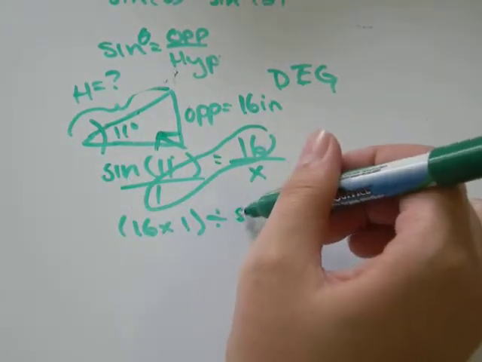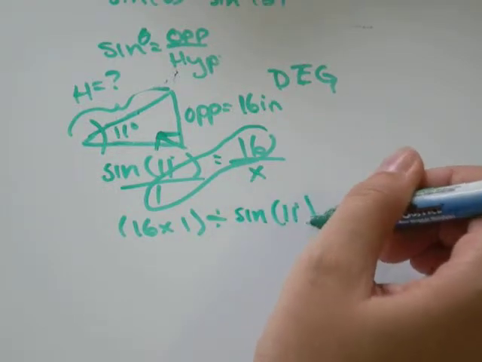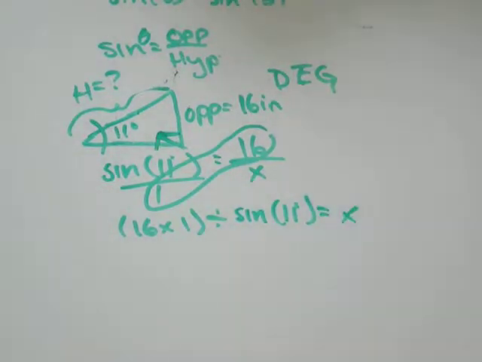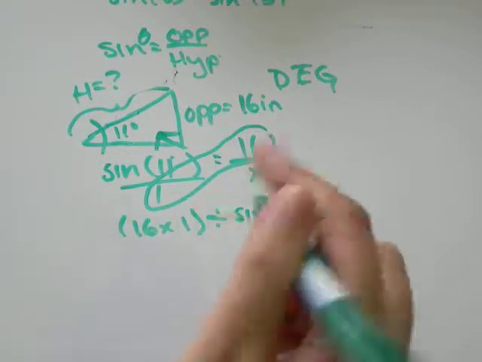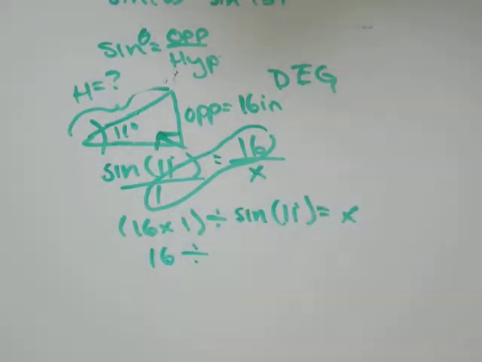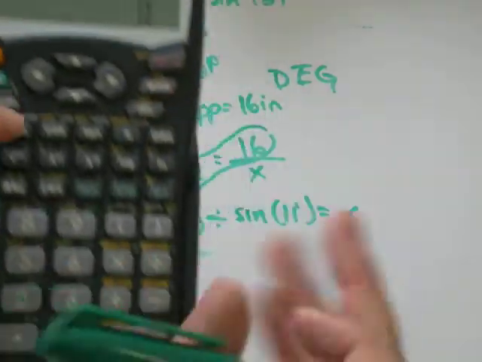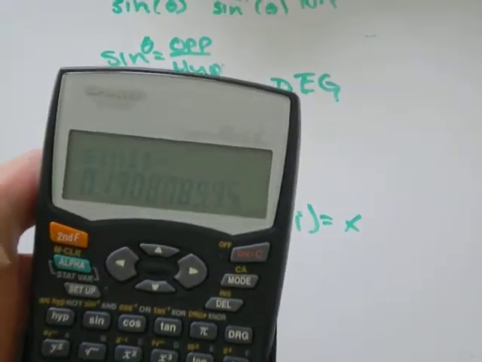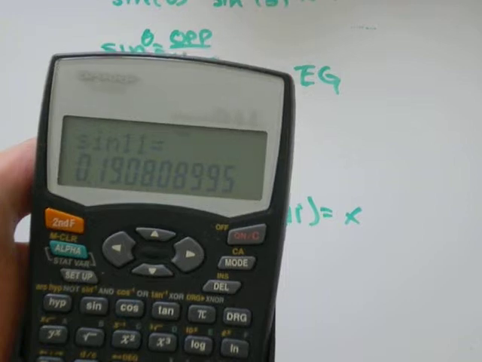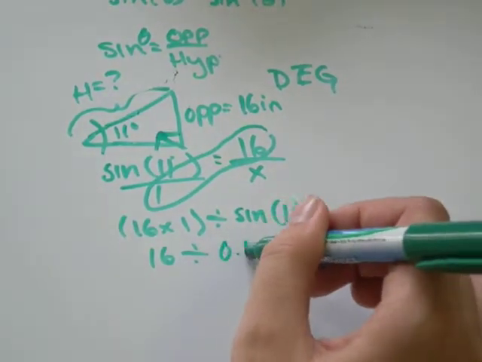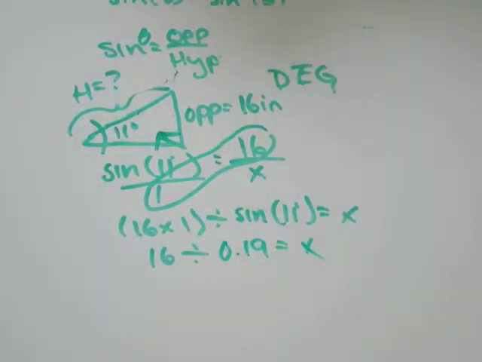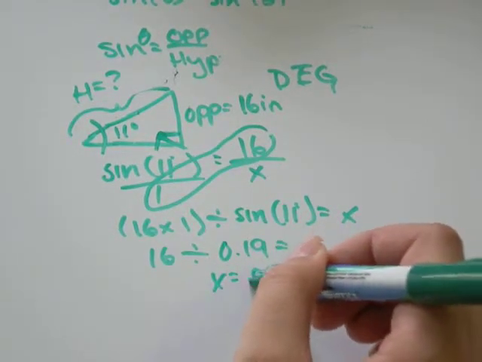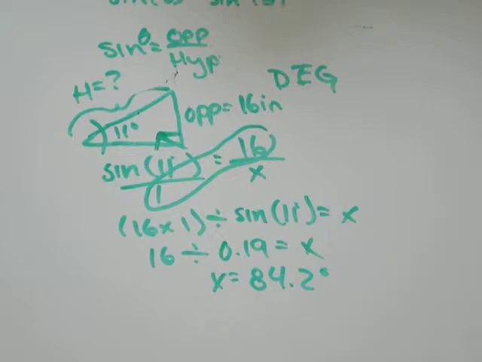So divide by sine of 11 degrees, and that will equal your variable x. 16 times 1 is 16, divided by sine 11 on my calculator, which is 0.19. So I'll go 16 divided by 0.19, and I will get 84.2.